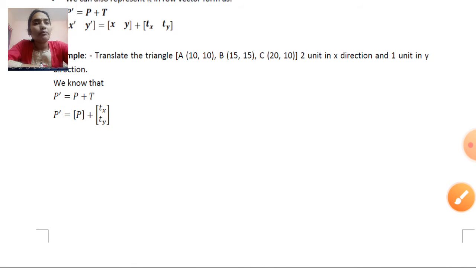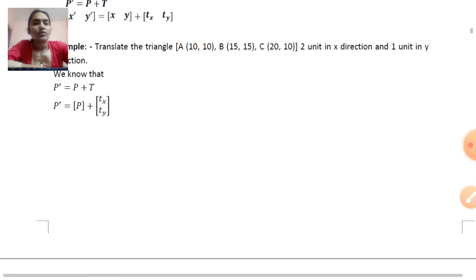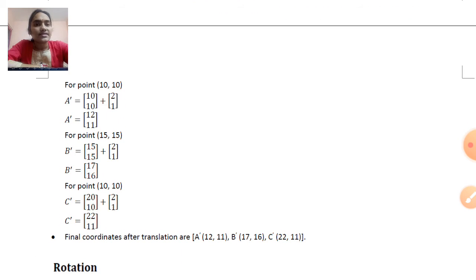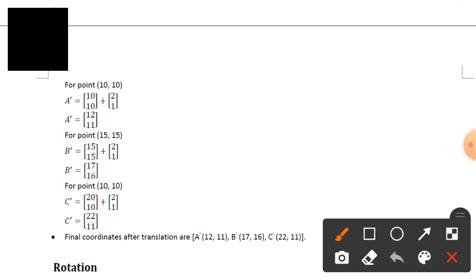So we know that P dash equal to P plus T, that means P dash equal to P plus tx ty. Okay, P means xy. Let us find out A dash. So here A dash equal to xy, x is 10, y equal to 10, plus 2 1.